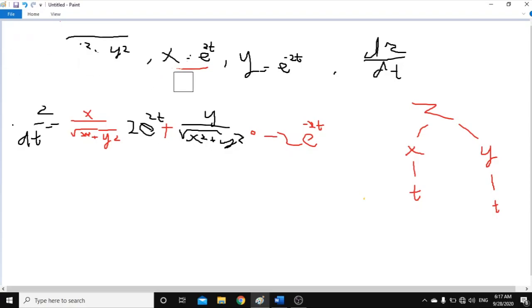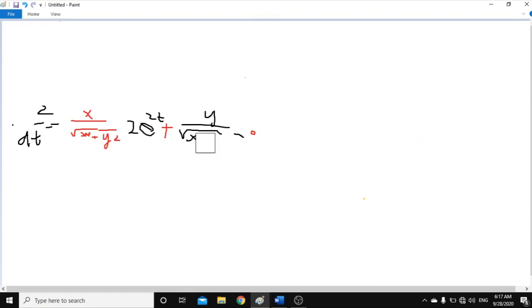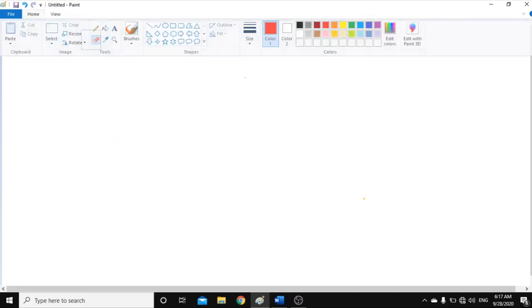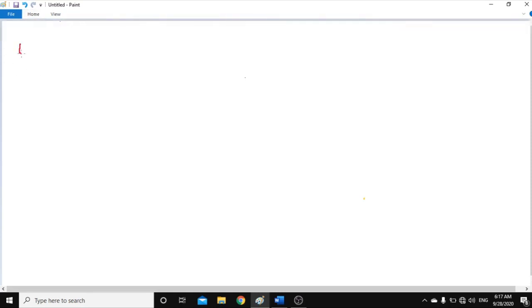Let's take the second example. The second example said we have w is equal to the square root of x plus y squared over z, and this is a square again, remember.